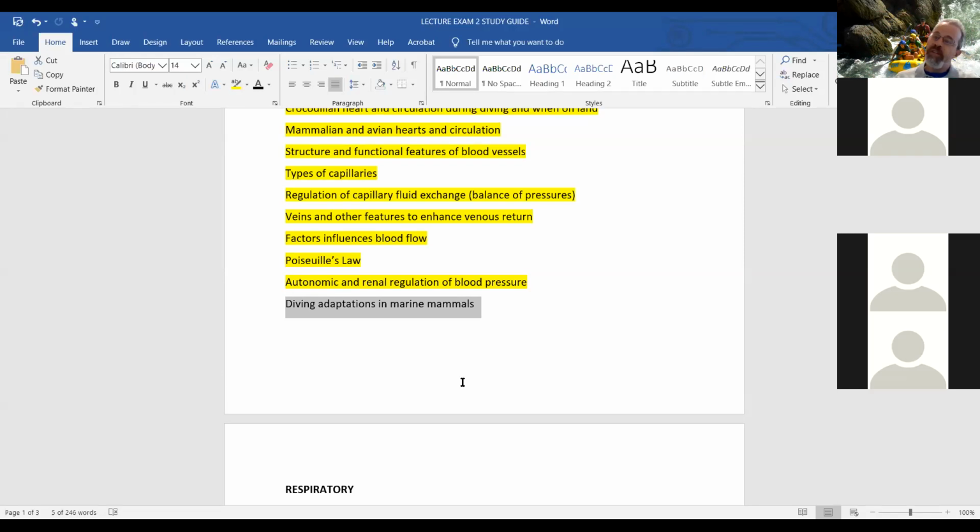What are some of the other features? What happens to heart rate? What happens to blood flow? Just very briefly, remember that there's a restriction in blood flow to the periphery, and it's pretty well contained between the heart, the brain, and the lungs, reducing it to other areas. So the animal is not using up the oxygen as readily.